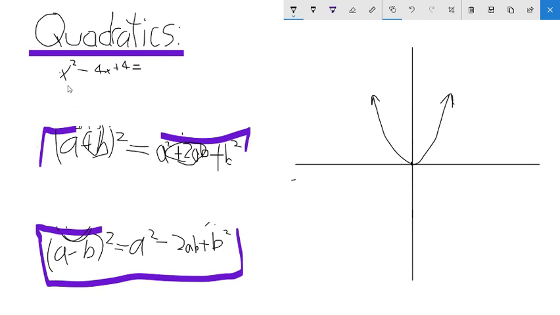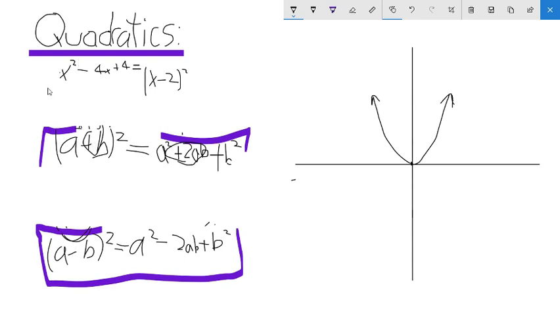Okay, so the solution to this is x minus 2 whole squared. And the way that we know that is we can go ahead and check it. So let's go ahead and check it with our rule. Our rule says that it's a squared, right? And a squared is x squared, so that means our a must be x.